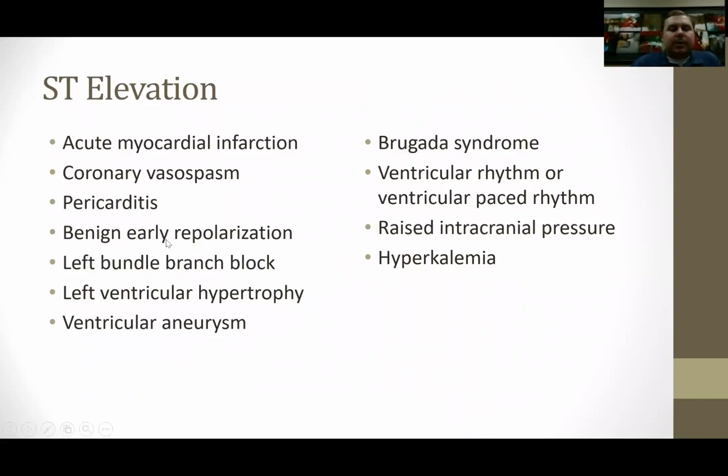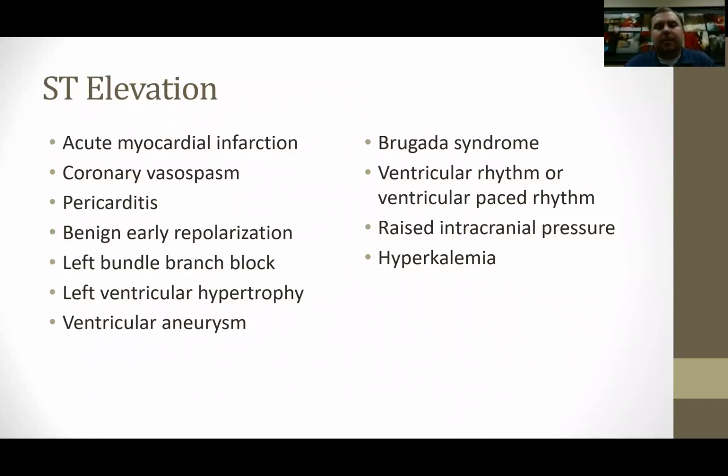Benign early repolarization is common in young African American men, where their heart just has huge QRSs, kind of like in left ventricular hypertrophy, but not due to a hypertrophy. Biggest thing to remember for that, and really applies to all 12 leads, is the bigger your QRS is, the more likely you're going to have ST deviation in the opposite manner.